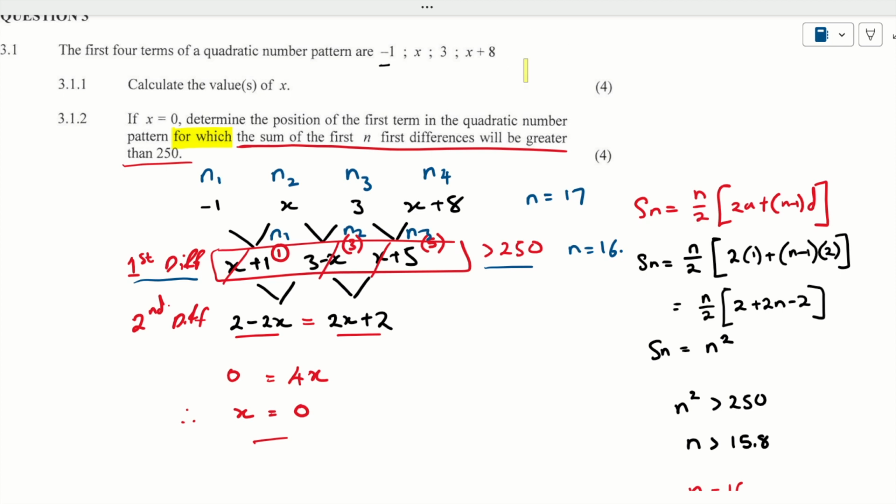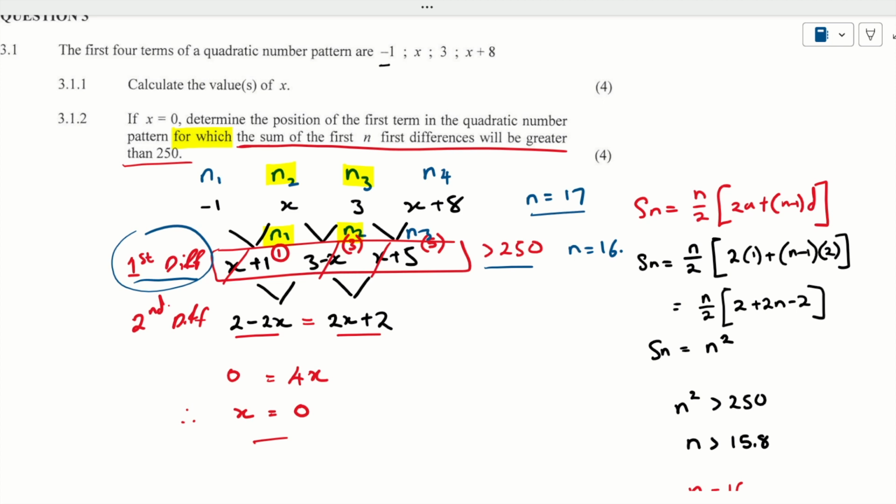Like here we have n1, but the following term is n2. Here we have n2, and the following term is n3. So the first term in the quadratic pattern, for which the summation of the first differences will be greater than 250, would be n equal to 17.